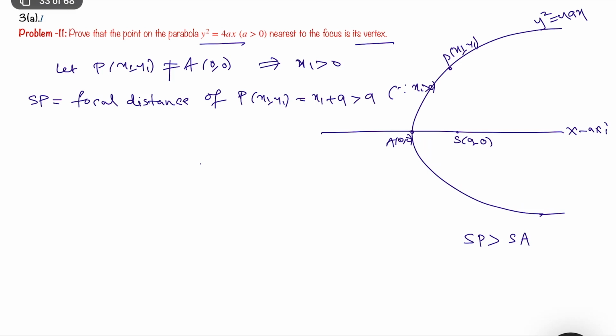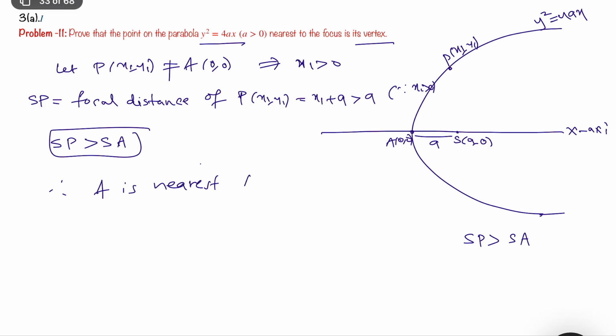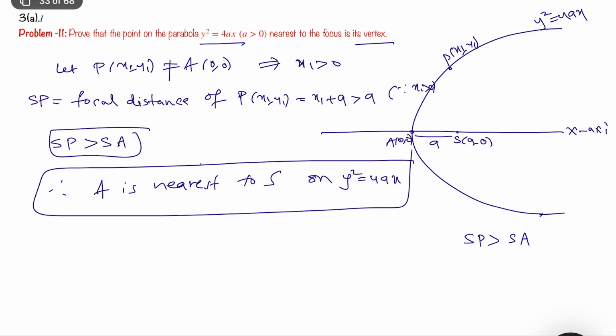So what is a? Actually the distance from the vertex to the focus is a. So I can say that now SP is bigger than SA. Therefore, we can say the vertex A is nearest to the focus S on the parabola y square equal to 4ax.